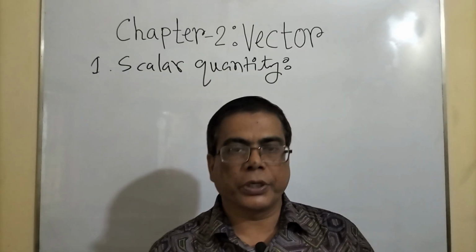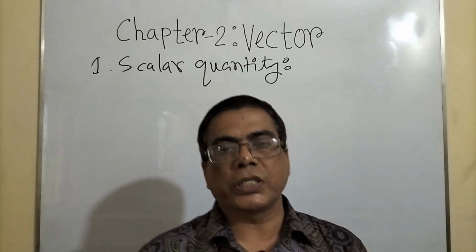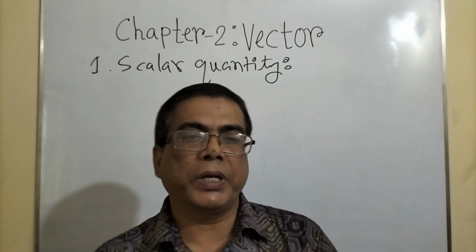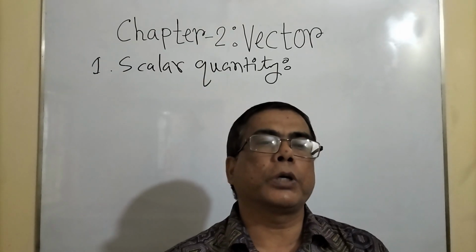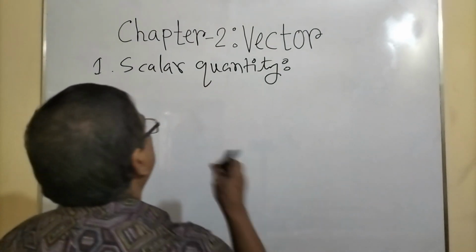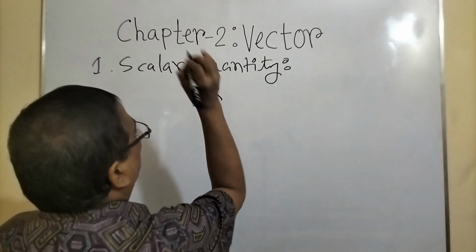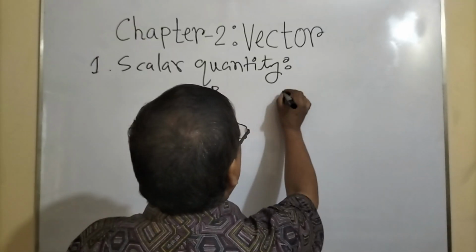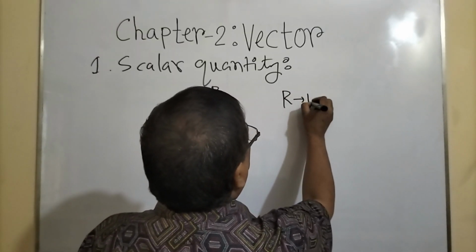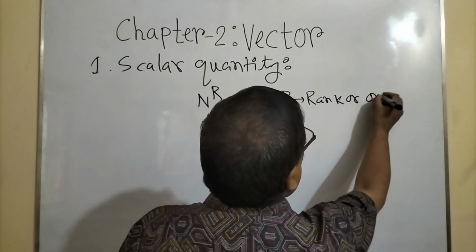In spite of it, we can calculate the numbers required to represent a scalar quantity by a formula, n to the power r. The formula is n to the power r. Here, r is rank or order, rank or order.